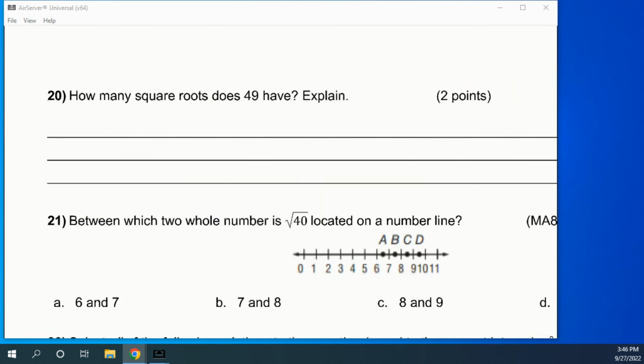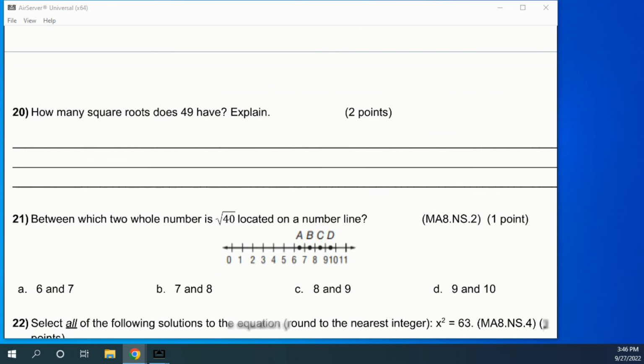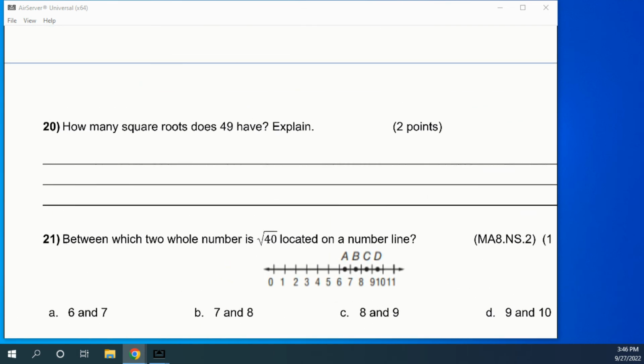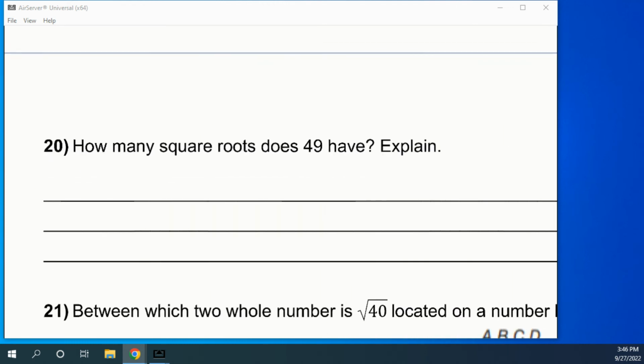Let's go ahead and do the next page. This is it. How many square roots does 49 have? Explain. Hopefully, you guys are using your notes on these because it does explain, when we deal with square roots, typically how many square roots each perfect square has. 49 has 2. 49 has, I swear, 2 square roots.